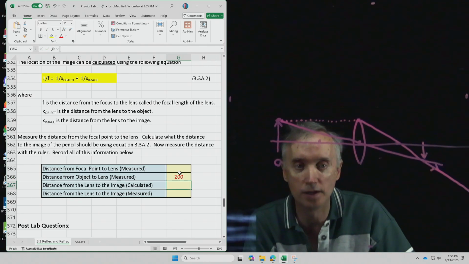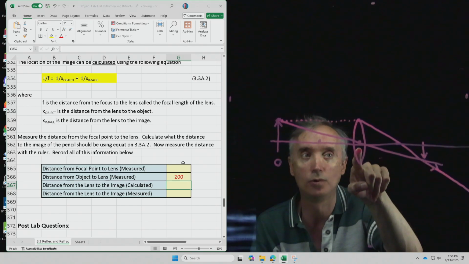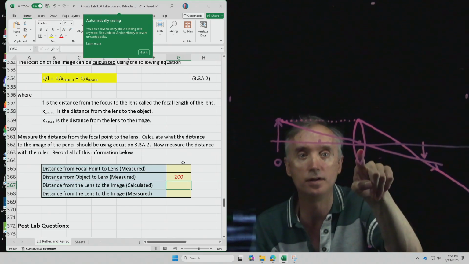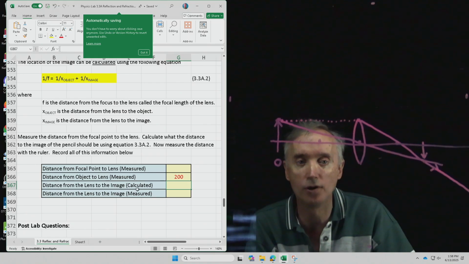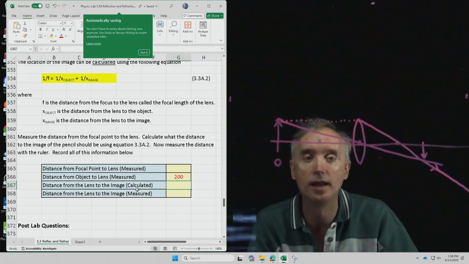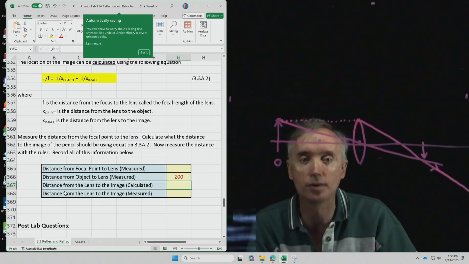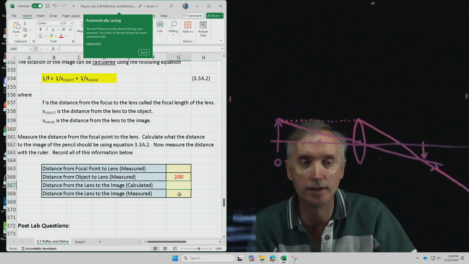Now you'll need to measure this one, the distance from here to here. Then the distance from the lens to the image calculated, I'll show you how to do that in just a moment. And then you also have the distance from the lens to the image measured with your ruler. So you will put that number there.